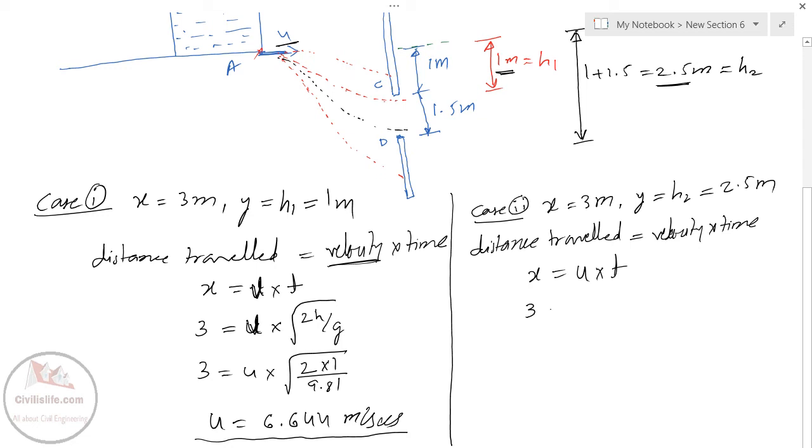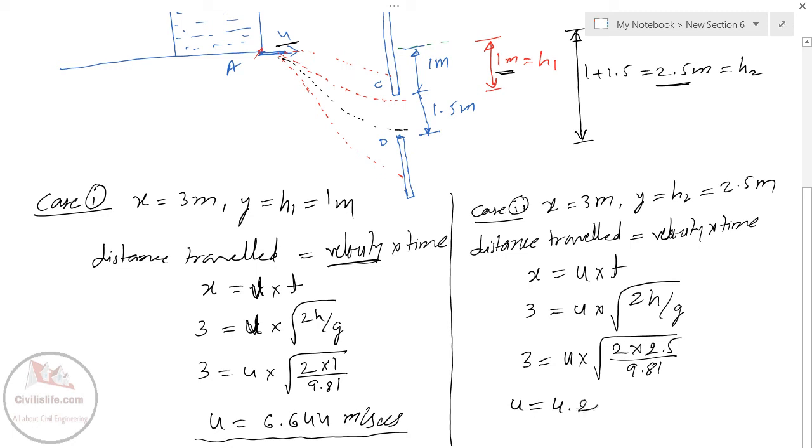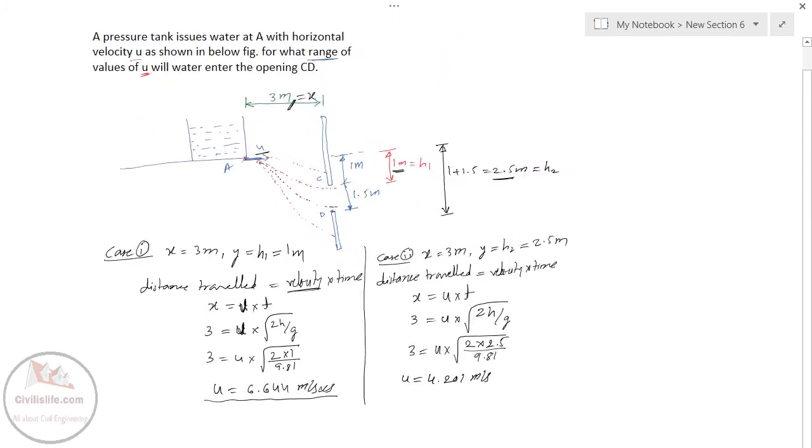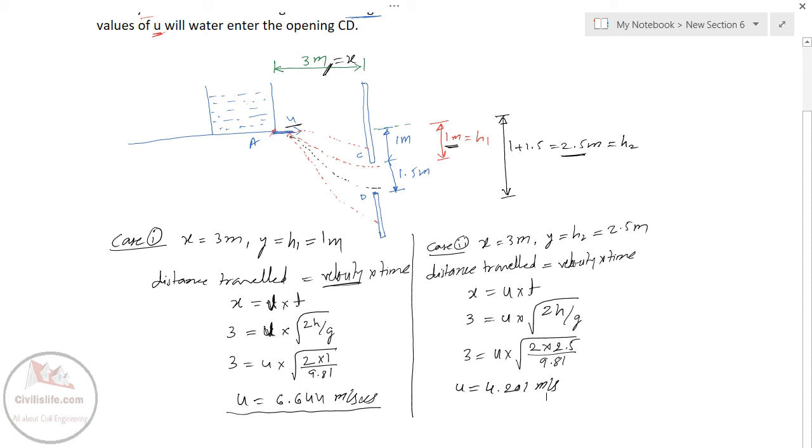X is the same, that is 3, u is what we have to find, and t can be written as square root of 2h upon g, and for case 2 h is 2.5 meter. So 3 is equal to u multiplied by square root of 2 times 2.5 upon 9.81. If we solve this, we get the value of u as 4.201 meter per second.